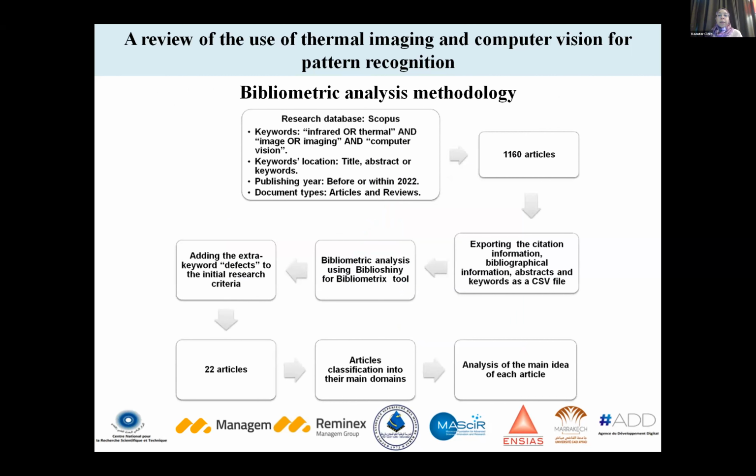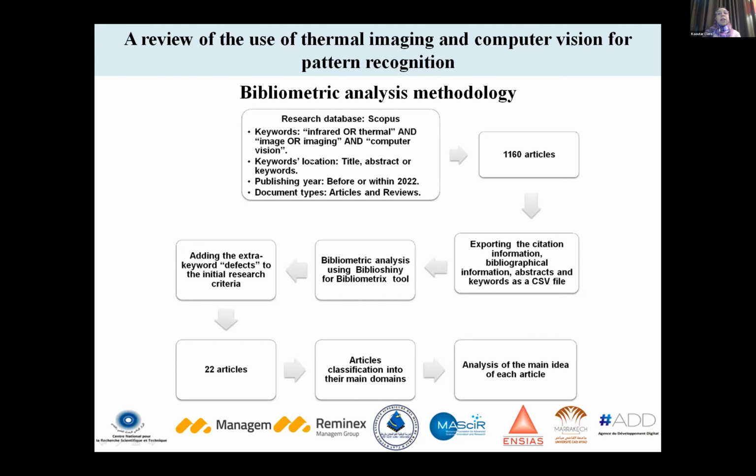So the methodology we followed in order to establish the bibliometric analysis is as follows. First of all, we fixed the research criteria. Our research database is Scopus, and the keywords we fixed are infrared or thermal, because they are used in a similar way in articles, and image or imaging, and computer vision.